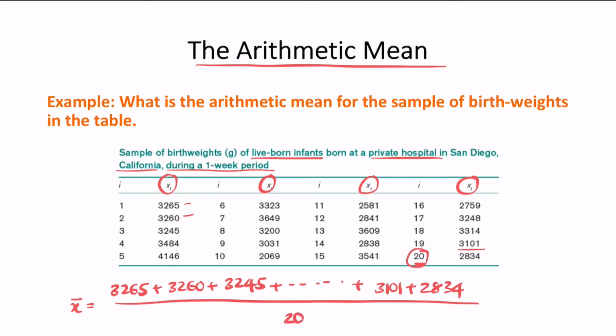Now pause the video right here and take a calculator and try to calculate the arithmetic mean of these observations. The first thing you do is calculate the sum of these 20 values, write it down as the sum on the top, divide it by 20 and calculate the value of x bar.